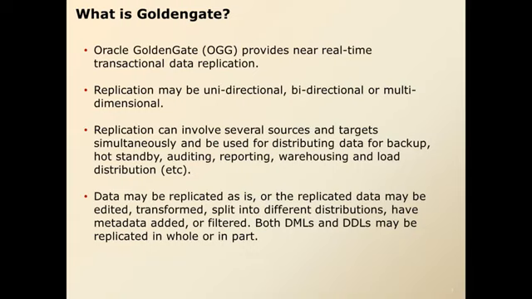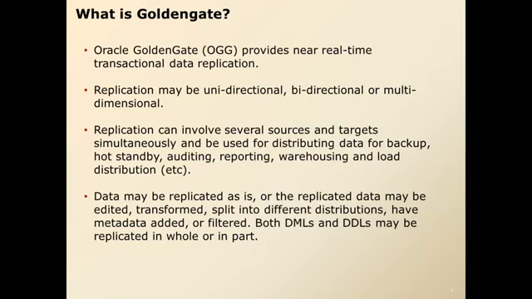Many-to-one, you have multiple sources and you replicate to a single target, so that is kind of a data warehouse or data mart. Or you can also perform one-to-many, that is broadcasting from Oracle Goldengate. So you could use Goldengate for distributing data to multiple targets for backup, hot standby, auditing purposes, reporting purposes, warehousing and load distribution.